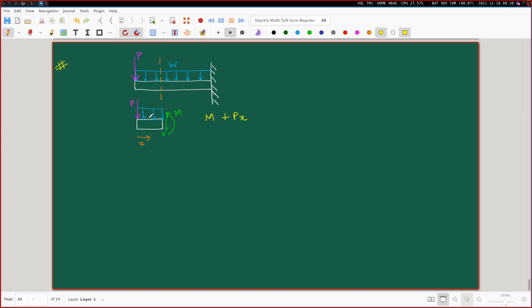And then the contribution from this distributed load? Wx square by 2. Positive. So our M is going to be equal to minus Px minus Wx square by 2. Associated with this M, there will be a strain energy U. But now you see, we already have the steps that we require to find out the delta.